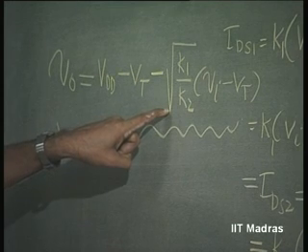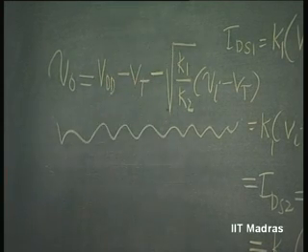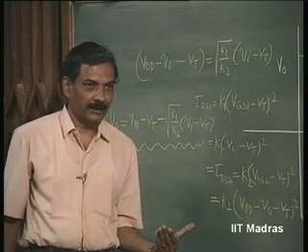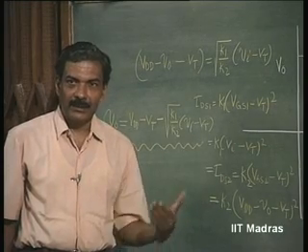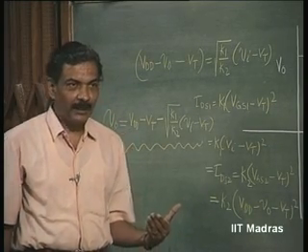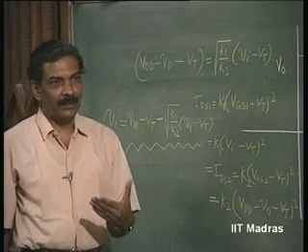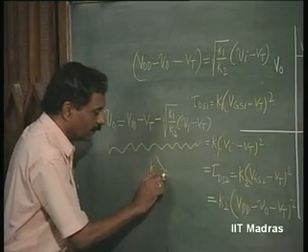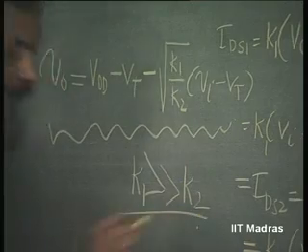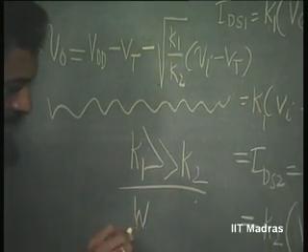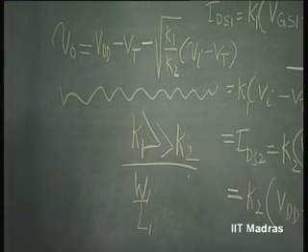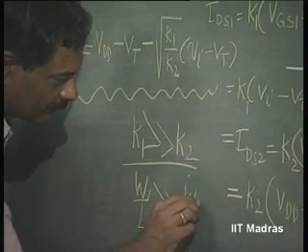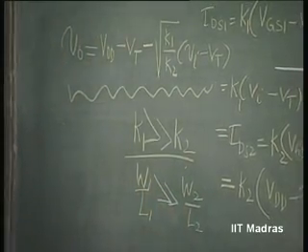For a good inverter, we have mentioned that this slope is nothing but the gain of the amplifier in the active region, right? This should be very high, both in the digital inverter as well as the amplifier. That means K1 should be much greater than K2, or W by L ratio of transistor 1 should be much greater than W by L ratio of transistor 2.